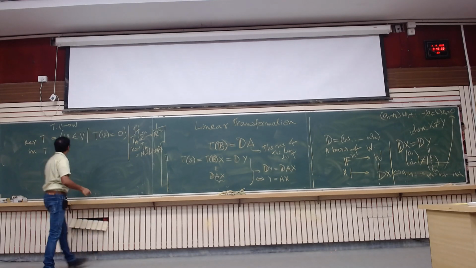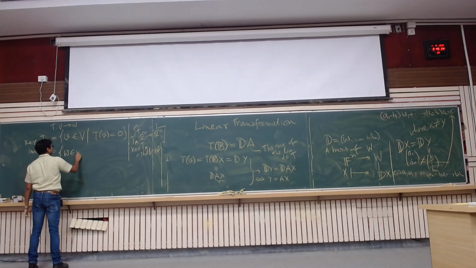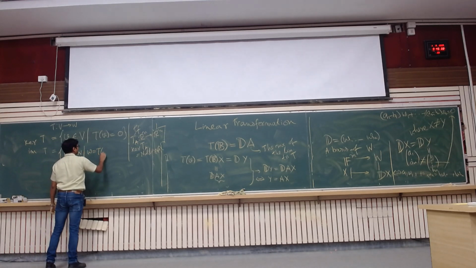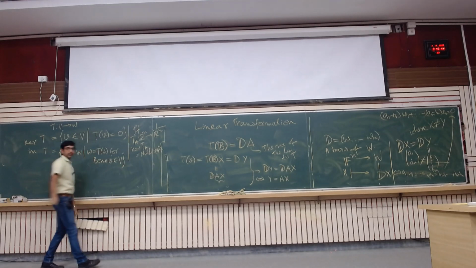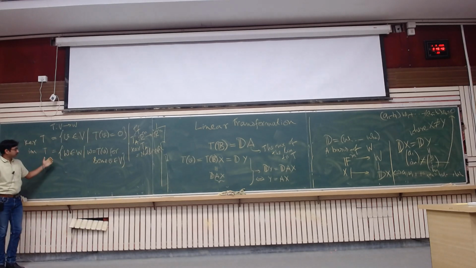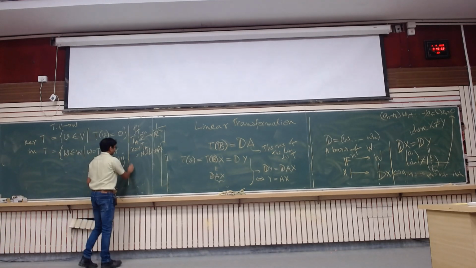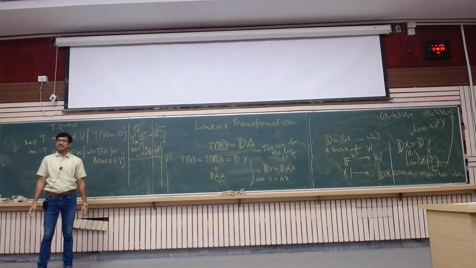And the image of T is the set of all the w's in W such that w is equal to T(v) for some v in V. So all the vectors which are images of some vector in V. So Monideep, what is the corresponding concept for matrices then?